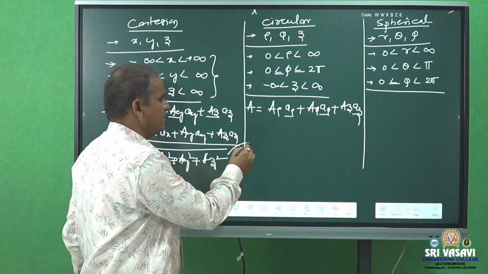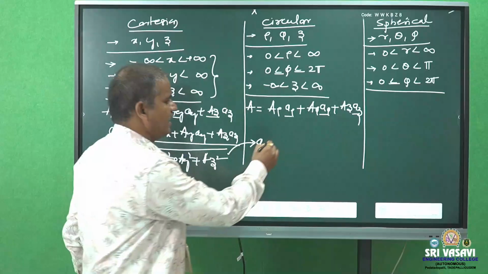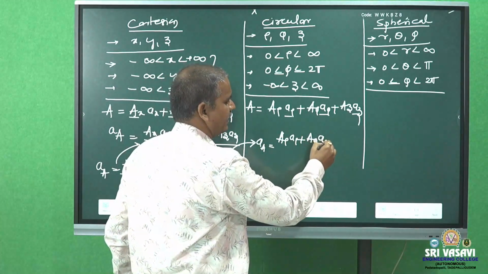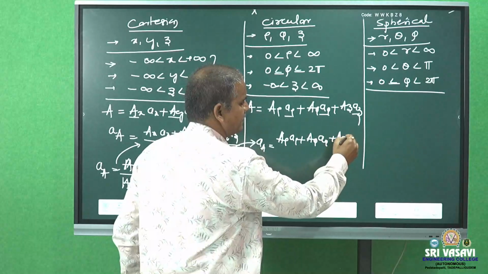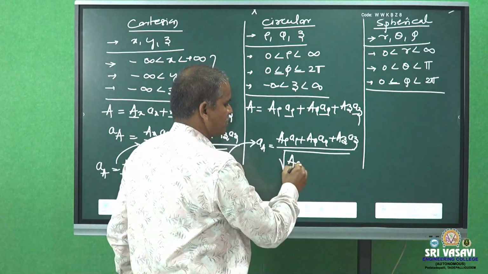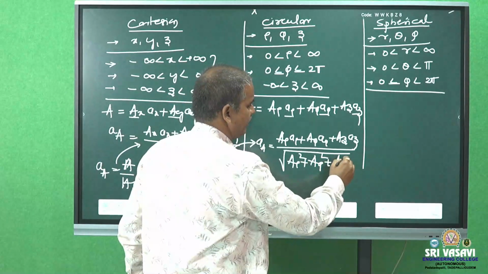Similarly, we have to represent it in circular. Same, A rho plus A phi plus Az, and the magnitude is under root A rho square plus A phi square plus Az square.